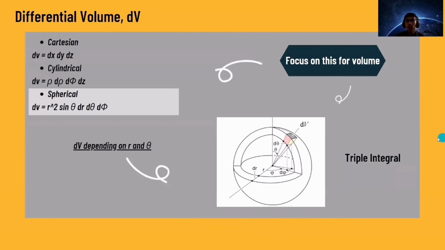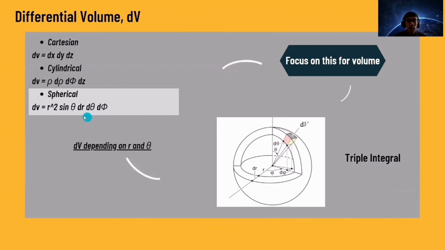And lastly, we have the differential volume dV. For the differential volume, as Gauss's law uses, we will only focus on the spherical coordinate system, but the steps are the same as for area. As you can see here, we have dr, d theta, and d psi, so we have three differential elements.